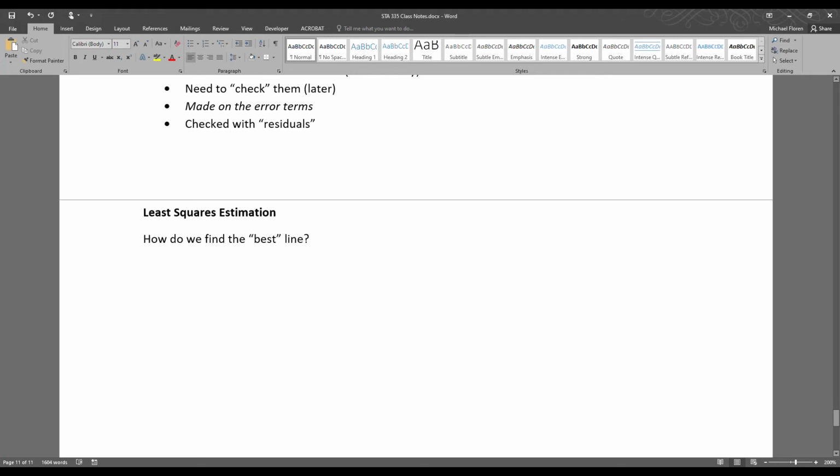It's a hard question. And there's several different ways to solve this. So how do we decide among an infinite number, truly infinite number of lines? Well, there are a couple of methods.